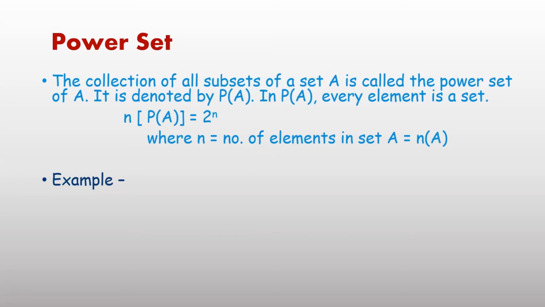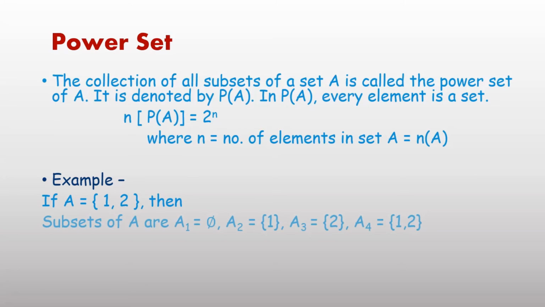Means, one example: set A is given as {1, 2}. Now, you can write the subsets of A. Since there are 2 elements, the number of subsets is 4: A1, A2, A3 and A4.